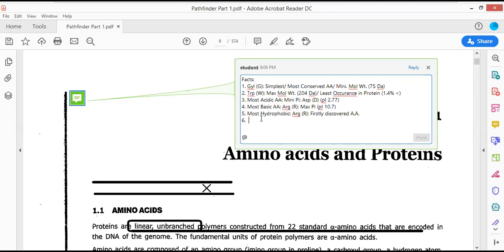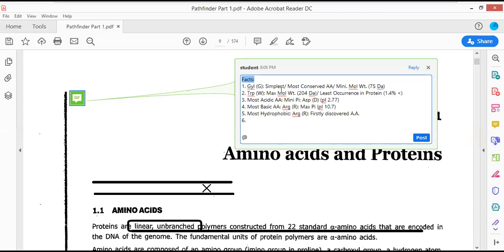First fact, glycine. Glycine is the simplest, most conserved amino acid residue. It has a minimum molecular weight of 75 Dalton. Dear all students, these facts have to be memorized. You have to learn them by heart, because questions have been asked in several different entrance examinations. Many times it has been asked.